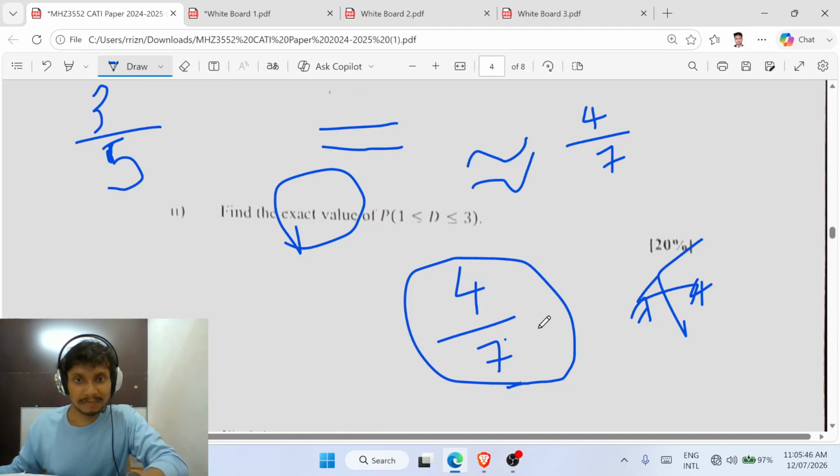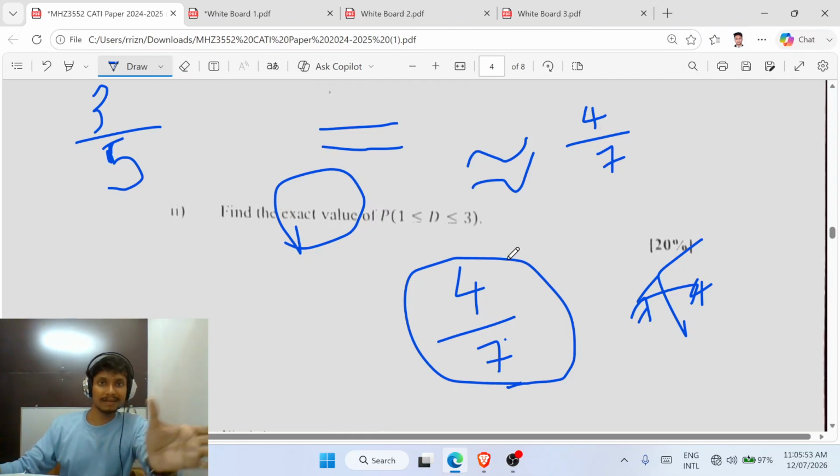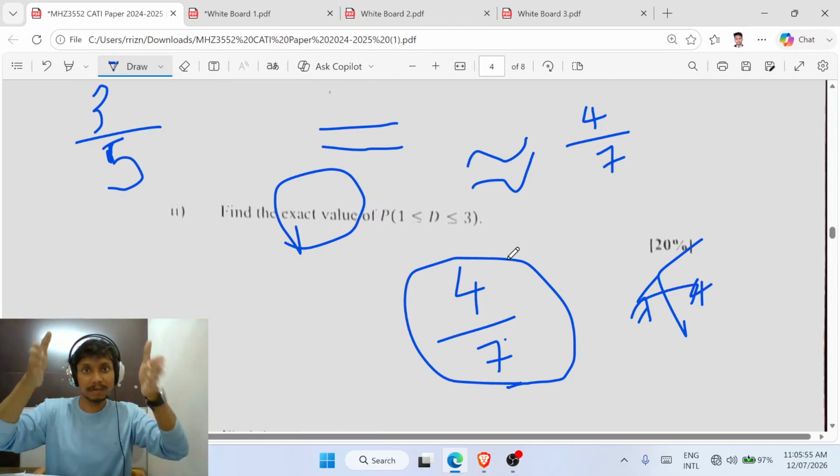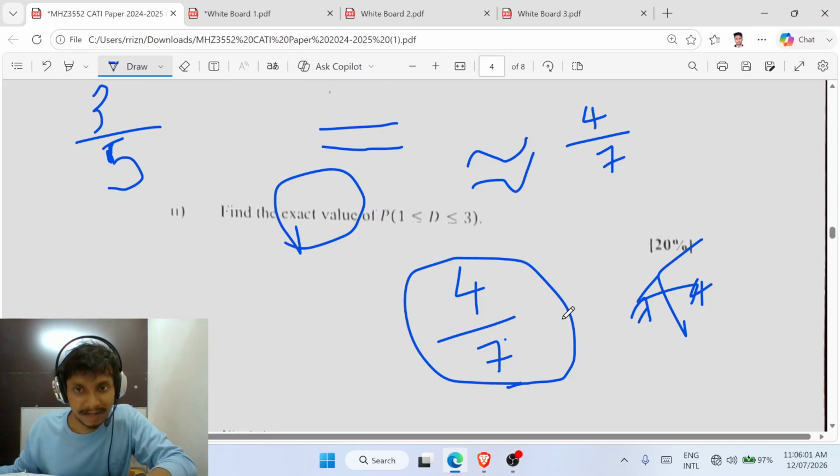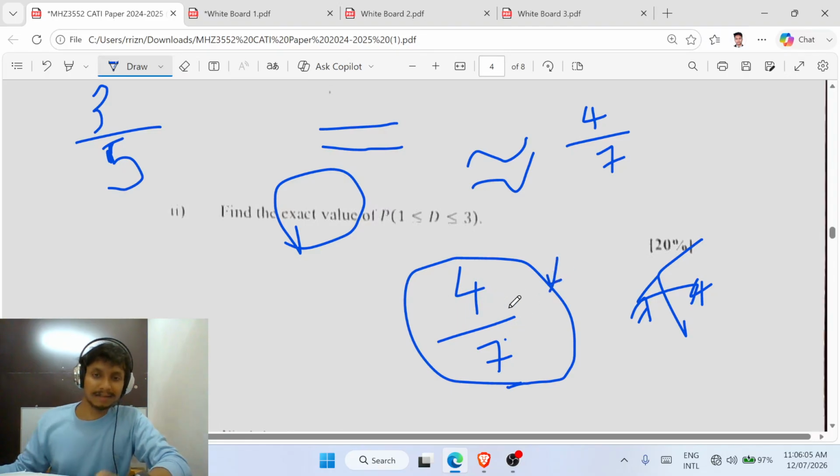If we want to give the exact value, we have to give the answer as a fraction, because if we divide 4/7, the answer will be continuous.